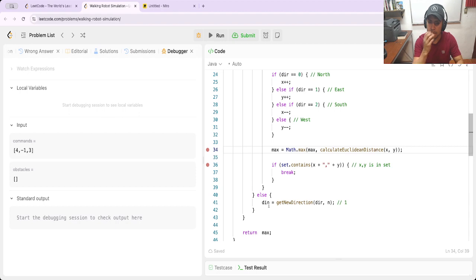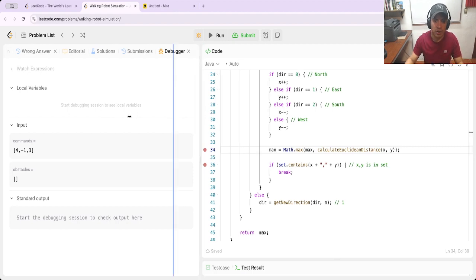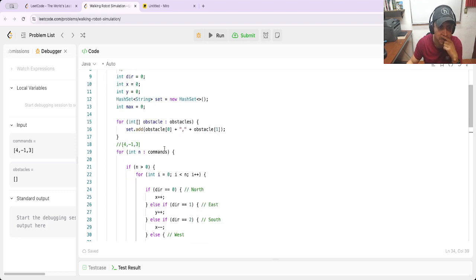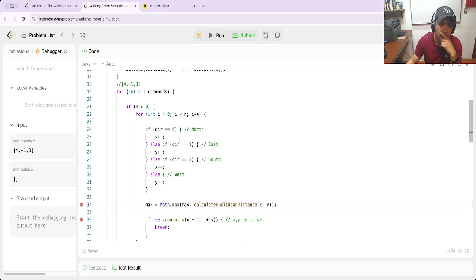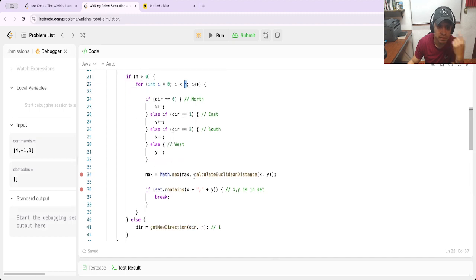Okay. Let me check all the code again because maybe I am using a wrong variable. Here it says, okay, n is the command. Okay, direction, yeah. Math.max is max, calculate the distance between x and y.